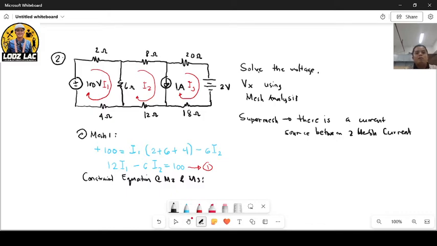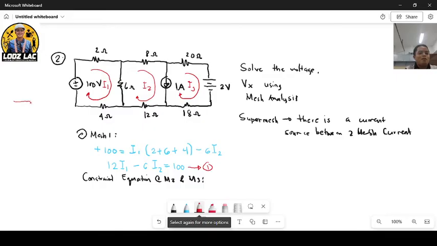To solve for the constraint equation, remember Cañete's principle again. I would like to share my technique. If I have a current source here and the direction of the current is downward, with mesh currents I2 and I3, it is just like KCL.